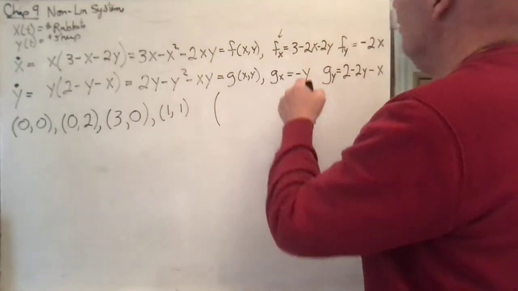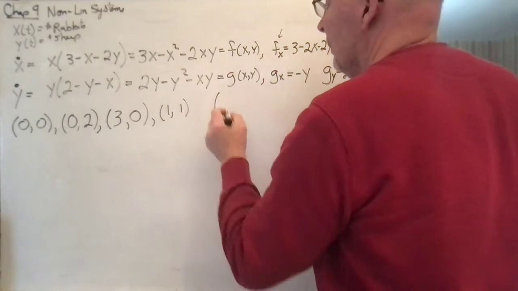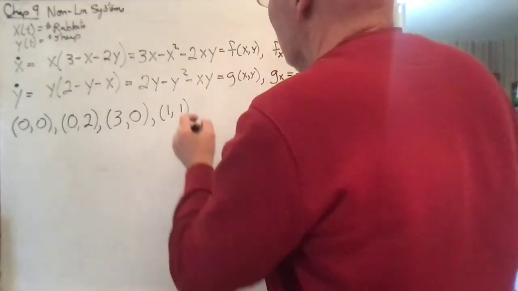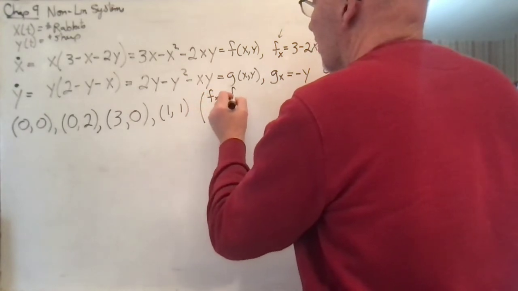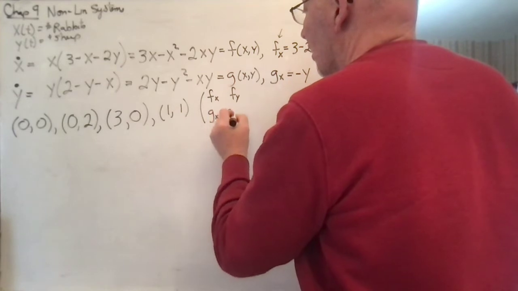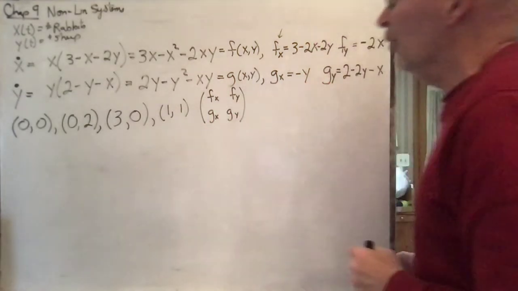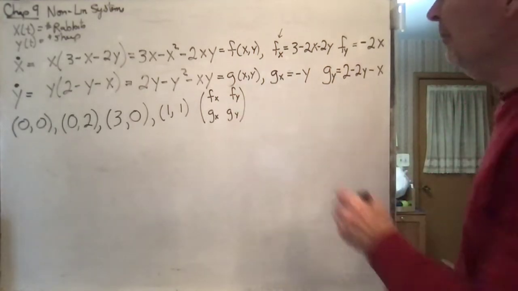It's a matrix that you get by putting these two partials in the top and those two in the bottom.